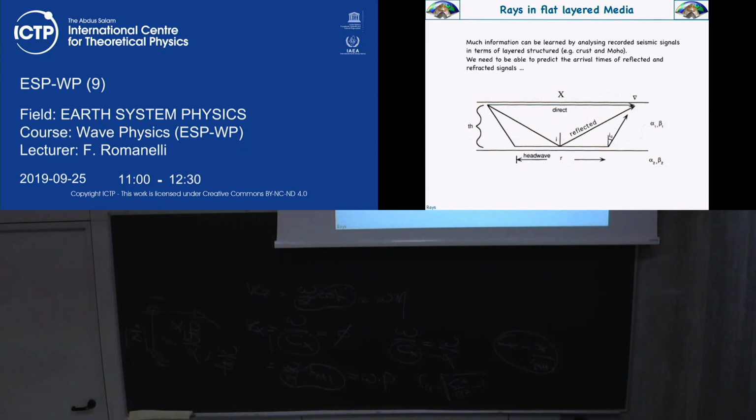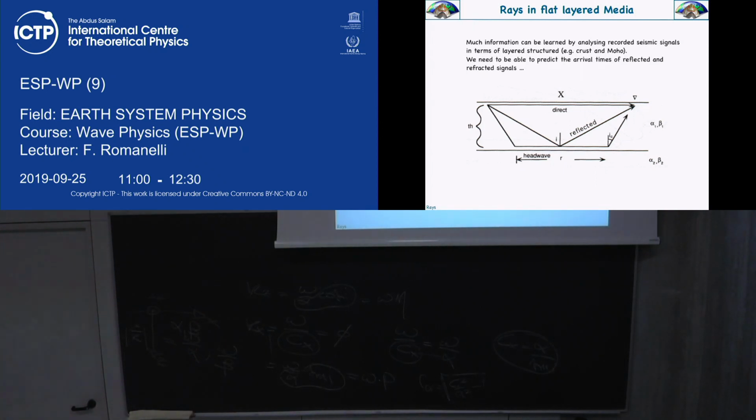Data. Well, we can imagine to put sources that we know in some positions, like a hammer, and to consider a set of receivers. And we know their positions. So we cause some waves, and we study the arrival times at the different positions of the receivers. This problem is solvable. Good news.